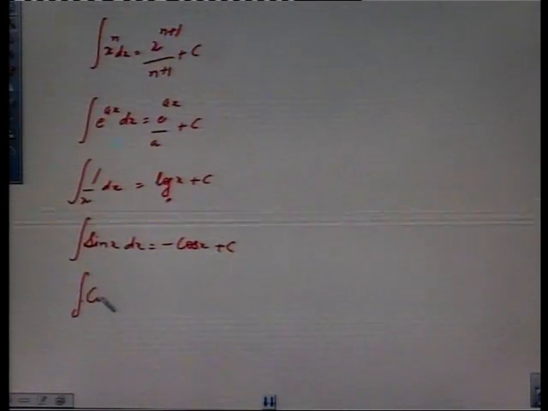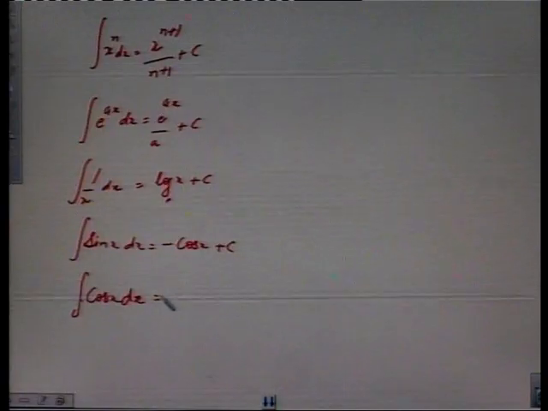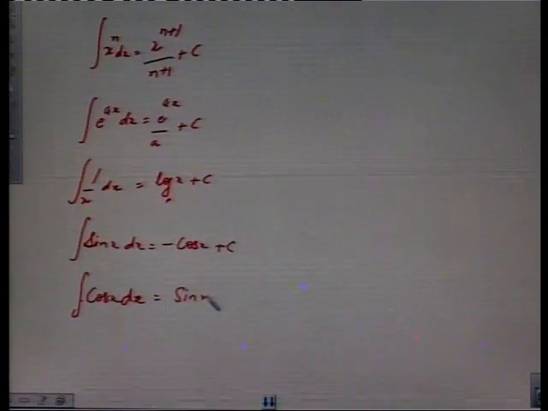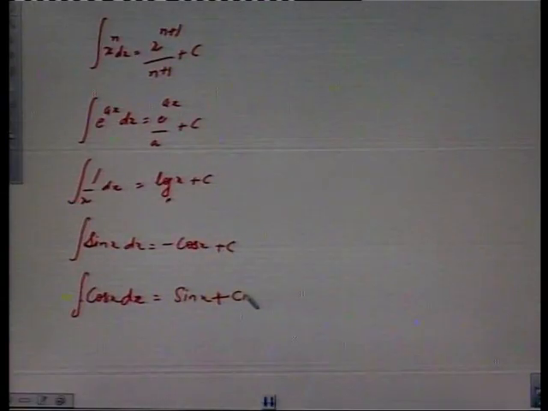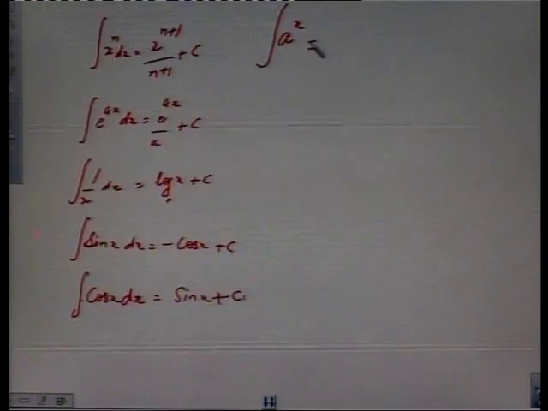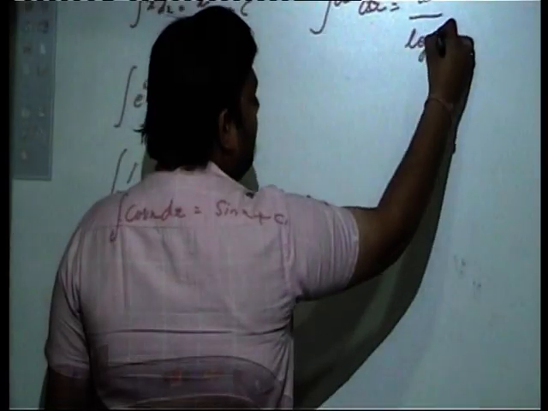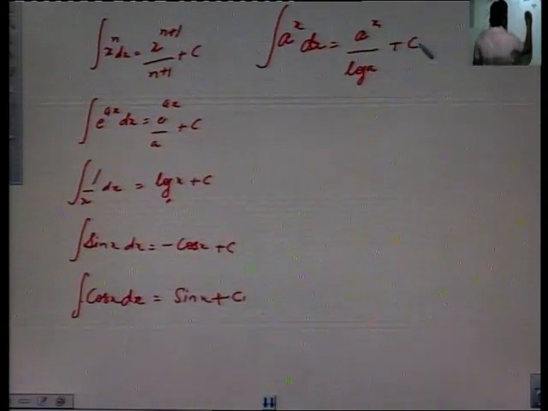Next is integration of cos x dx. It is sin x plus c. Integration of a raised to power x dx is a raised to power x upon log of a plus c.